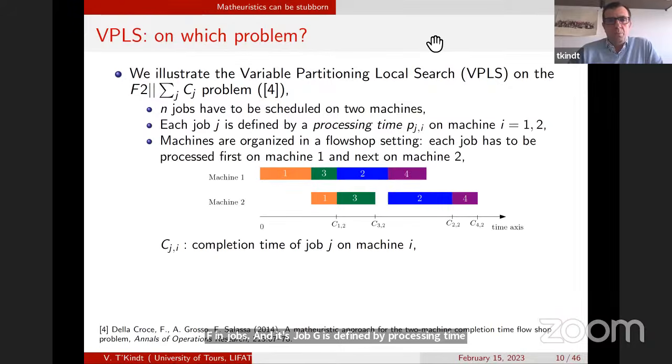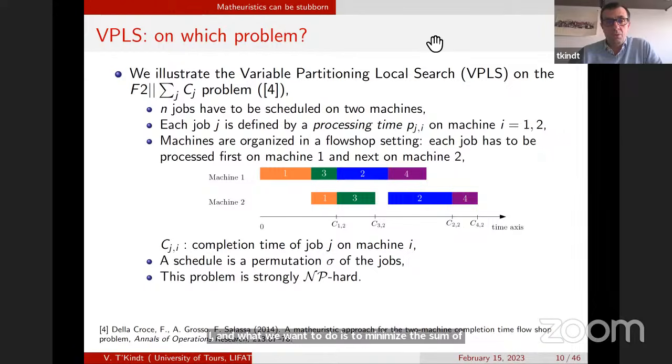Everybody knows about this problem. All jobs must go first on machine 1, next on machine 2. We denote by C_gi the completion time of job g on machine i. And what we want to do is to minimize the sum of the completion times.